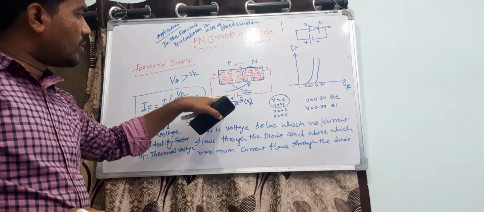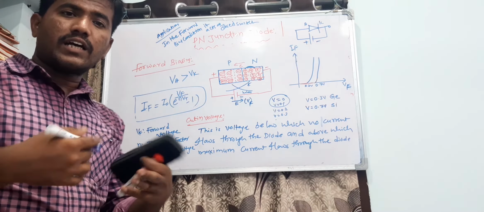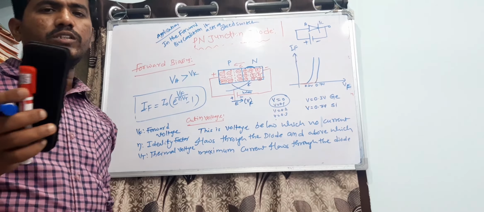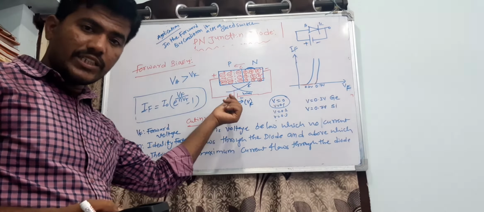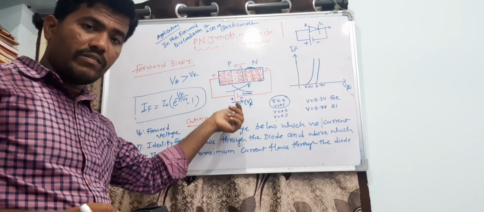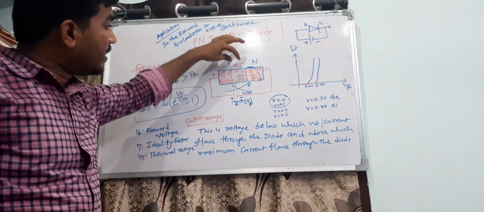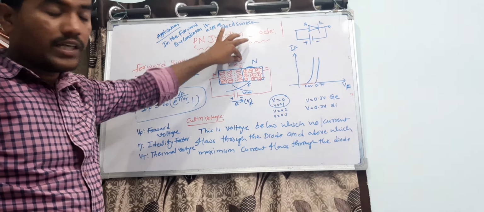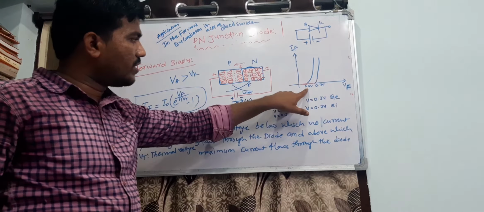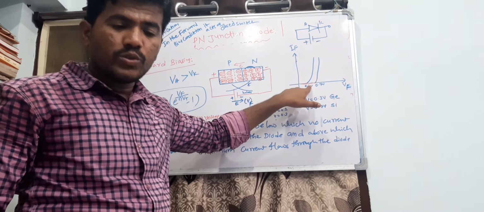And what is the current flowing through the PN junction diode in the forward bias condition? Don't say it's a drift current. The applied voltage is in order to nullify the depletion region. If you see here, I am increasing the voltage only up to 0.3 volt.